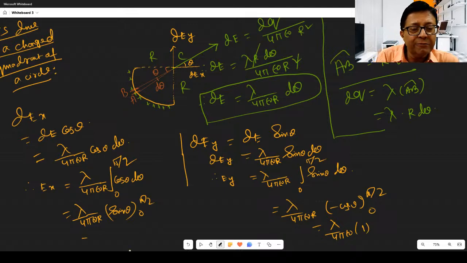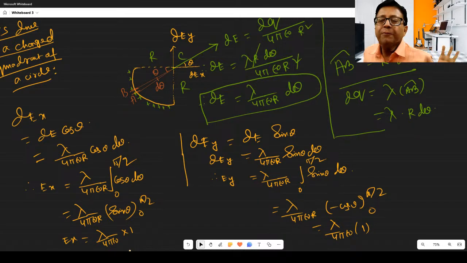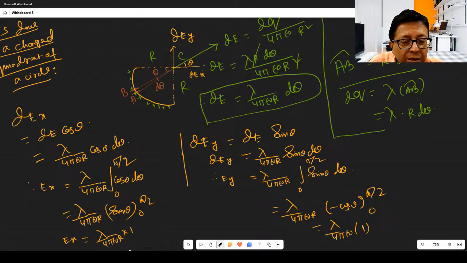And here sin pi by 2 is 1. See the fun? Here both exist. Both Ex and Ey exist. You cannot assume anything. Lambda by 4 pi epsilon 0 r. This is also lambda by 4 pi epsilon 0 r.